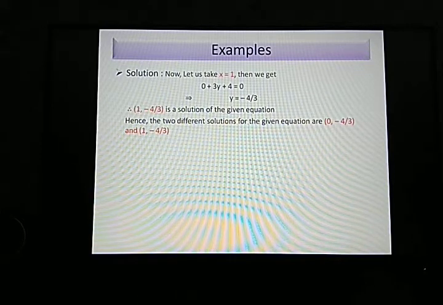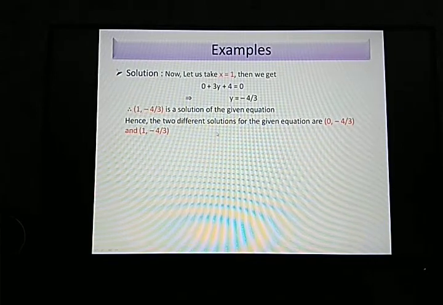Already the coefficient of x is 0, so it doesn't make any sense. If I put y also equal to 0, then the whole equation will be reduced to just a constant polynomial, that is 4. So that will not give us what we require. That's why I have taken x equals 1 here.